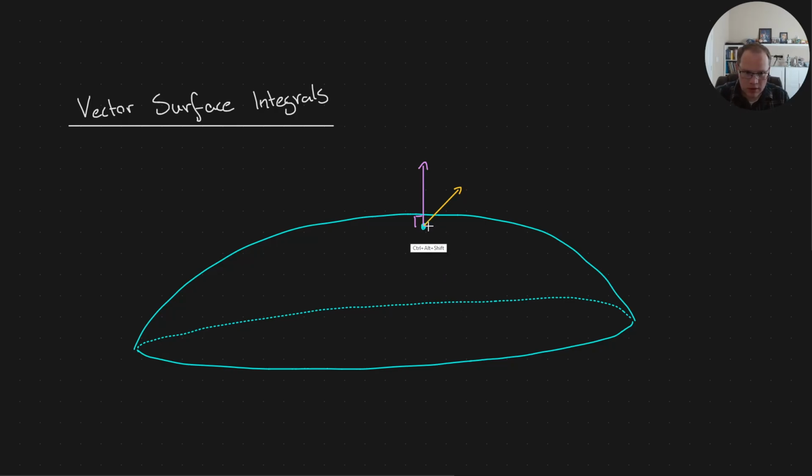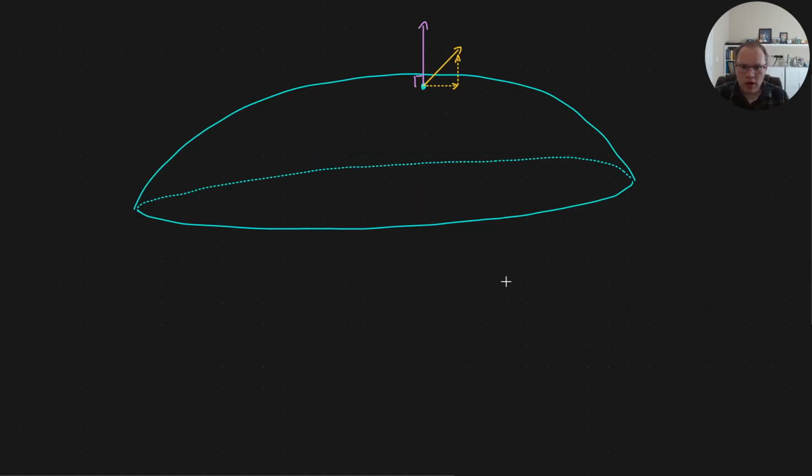Okay, so we can kind of break this into two pieces. This portion of the vector field, it's not flowing through the surface. But this portion of the vector field is flowing through the surface. So this is the vector field F, and this is, say, a unit normal vector, normal to the surface.